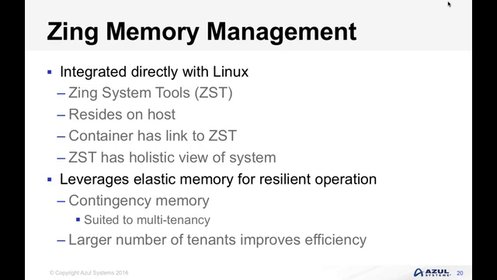We'll talk more about that in a moment. But it very much is suited to multi-tenancy. If you want to have multiple JVMs running on the same physical hardware, this approach to memory management makes life a lot simpler in terms of managing those multiple JVMs. And what we actually find is that larger numbers of tenants improve the efficiency of this system.